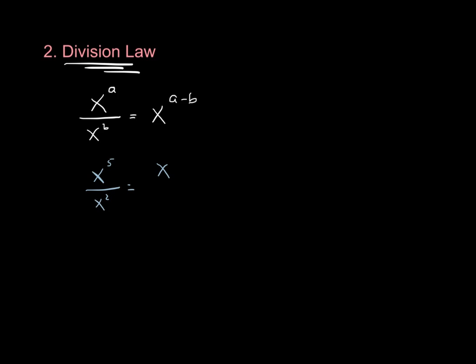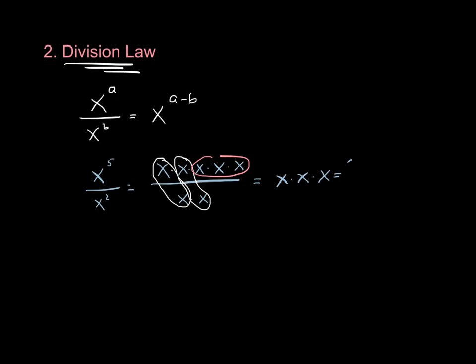This means the product of 5 x's divided by the product of 2 x's. Now notice that x divided by x is 1, and we'll have another x divided by x is 1, so those will cancel, and we're left with x times x times x, which is x cubed, and 5 minus 2 is 3.